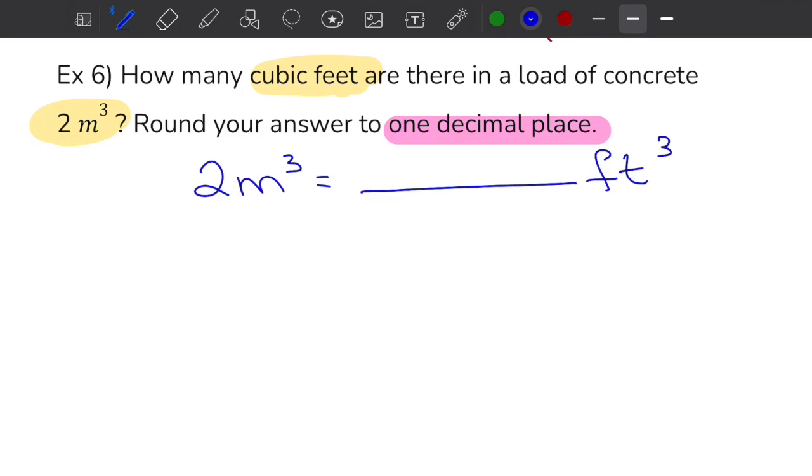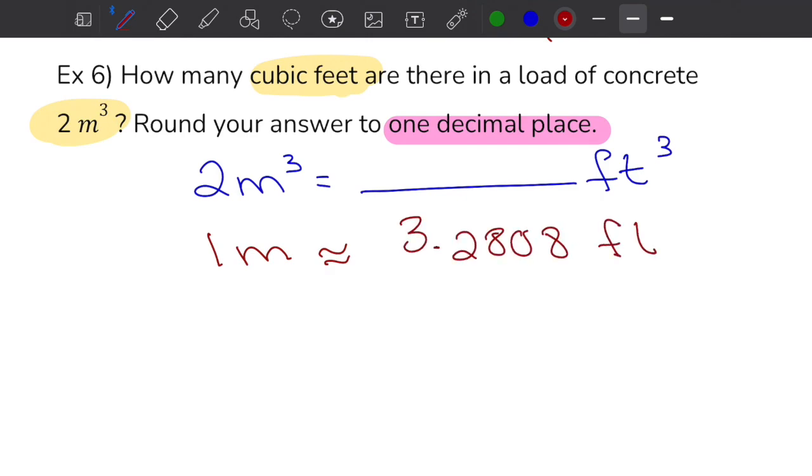We're going to find the relationship between meters and feet. And that relationship is on the last column on the right. So it's 1 meter is approximately 3.2808 feet. So I'm going to write that down here. 1 meter is approximately 3.2808 feet.